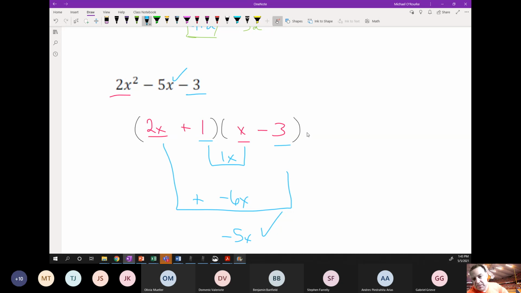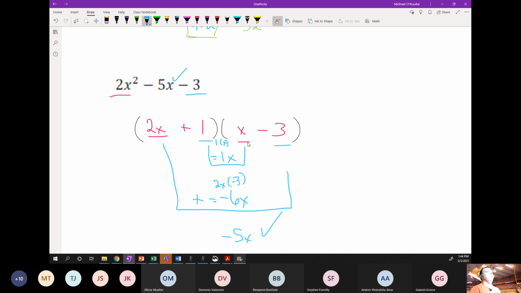There are no new concepts. You got the 6 for multiplying 2 by 3. Yep. 2x by negative 3 is negative 6. So this is 2x times negative 3 equals that number. And up here would be 1 times x equals that number.